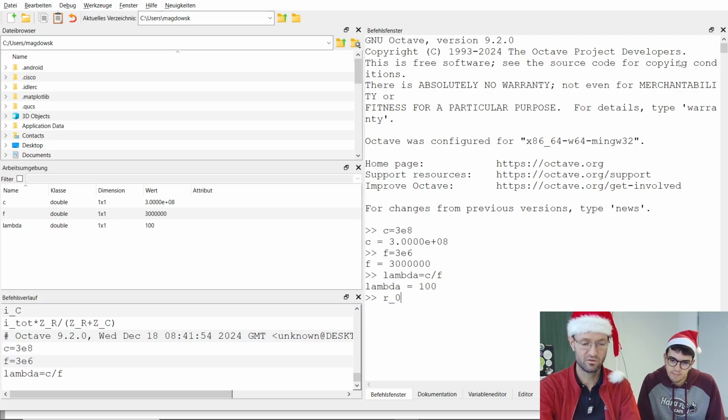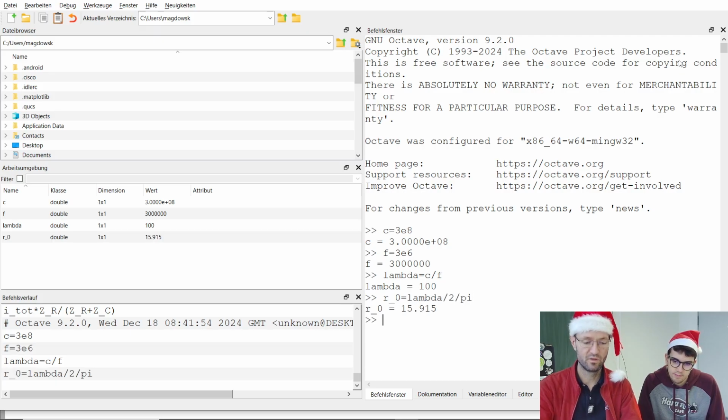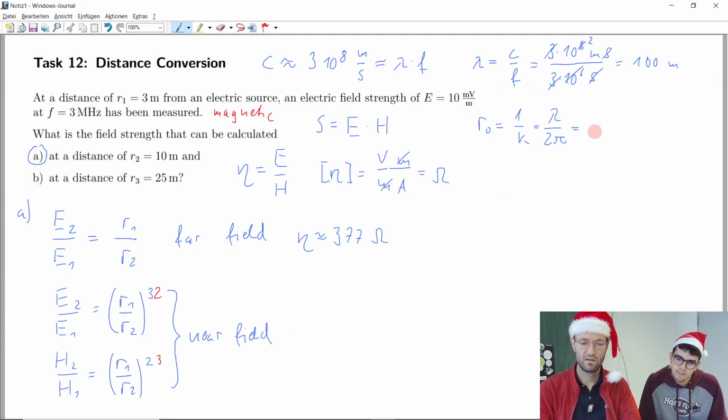And so the transition distance is lambda divided by 2 and divided by π, and we get 15.9 meters. So this 15.9 meters is the transition distance between the far field and the near field. Far field means our distance is larger than this transition distance, and near field means our distance is smaller than this transition distance.